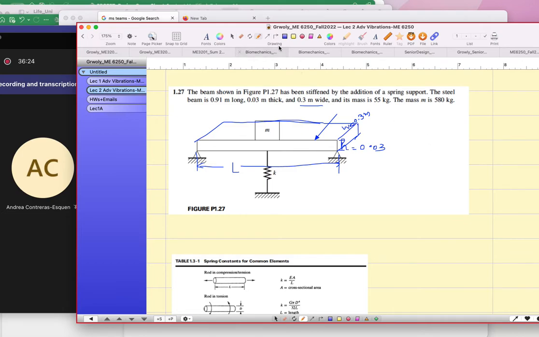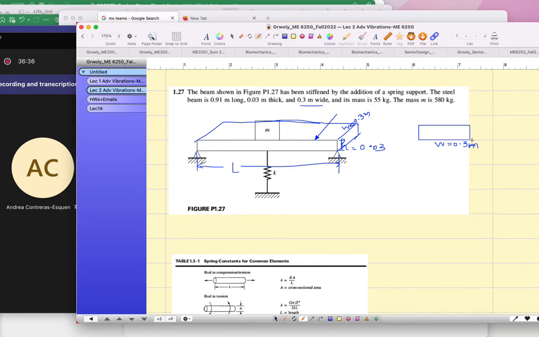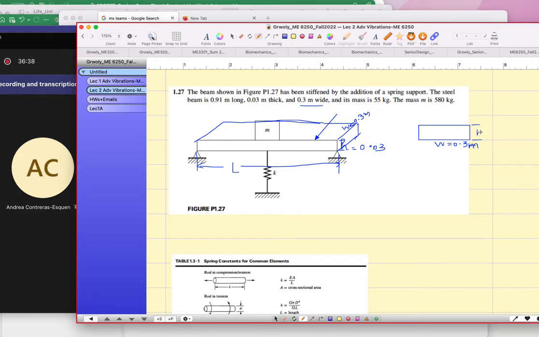Okay, let me draw the section outside here. So if I take this section here, this is the width, this is the thickness, and this thickness is 0.03.